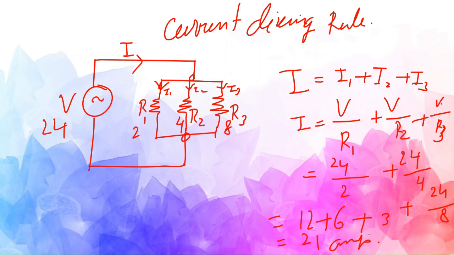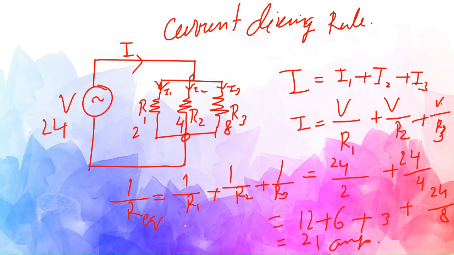Again, you can also find out the equivalent resistance of this circuit, that is 1 by R equal to 1 by R1 plus 1 by R2 plus 1 by R3. From this you can get the equivalent resistance, and once you get it, you can find out the total current.